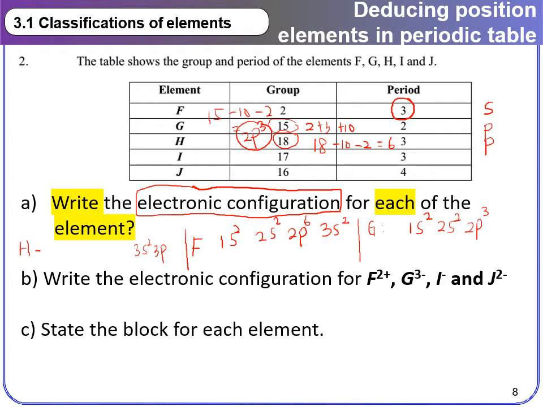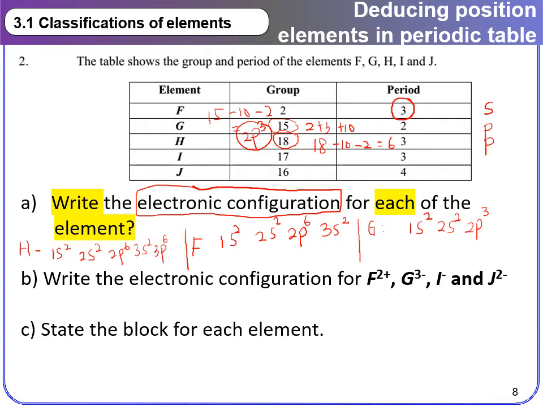So the 3p orbital will fill up to 6 electrons, and it is also logical because the maximum number of electrons in a p orbital is 6. What are the orbitals before the 3s orbital? We have 1s full with electrons, 2s full, and 2p also full. So this is the electron configuration for element H.